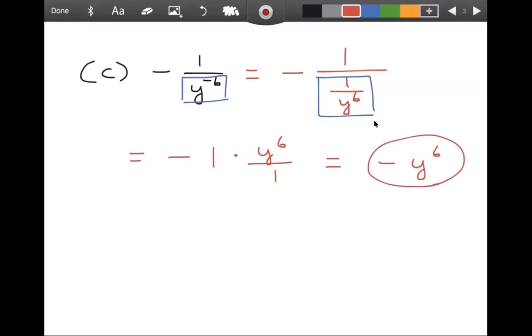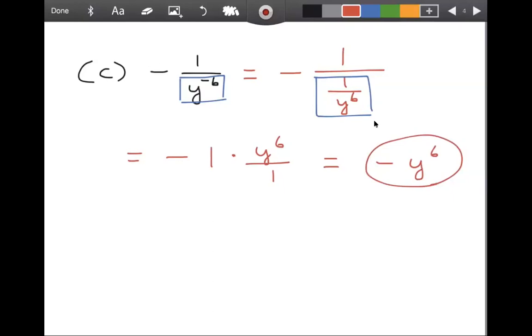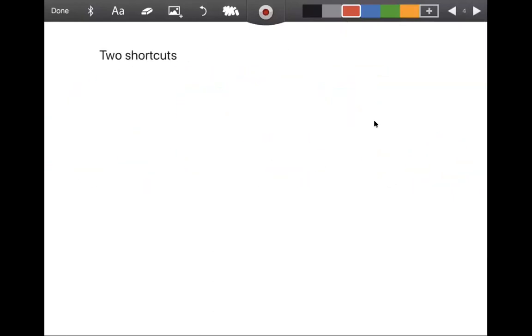All right. So what I want you to notice in this one is that the y to the -6 in the denominator eventually turned into y to the 6th in the numerator. And that deals with the other shortcut that I'm going to tell you about right now. Okay, so letter B, we had 2/5 to the -2, and that turned out to be 5/2, the reciprocal of 2/5 to the power 2.